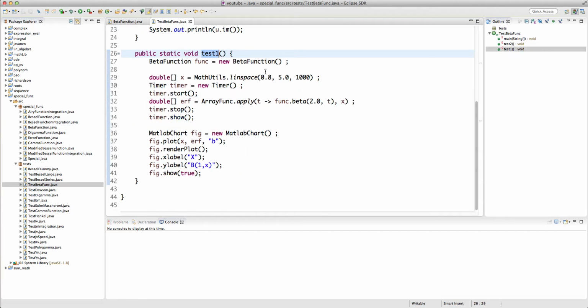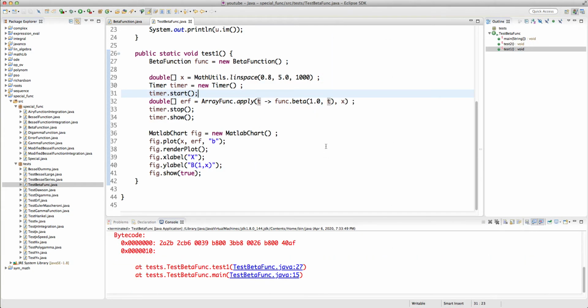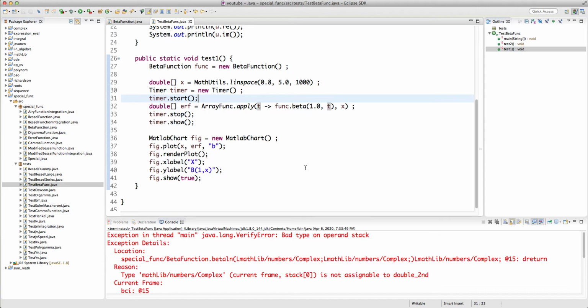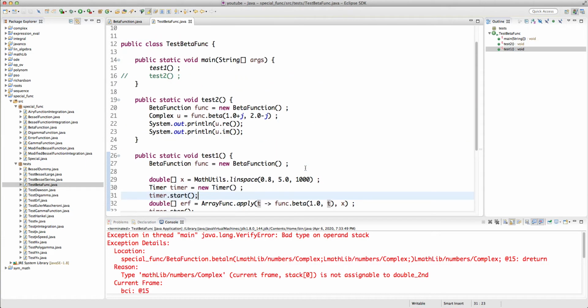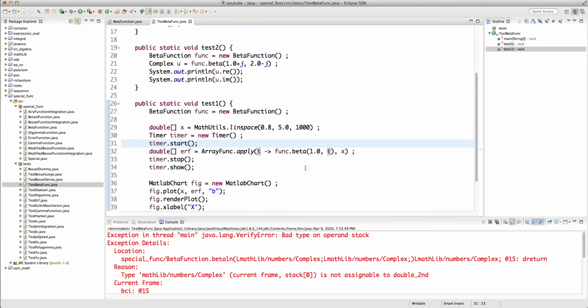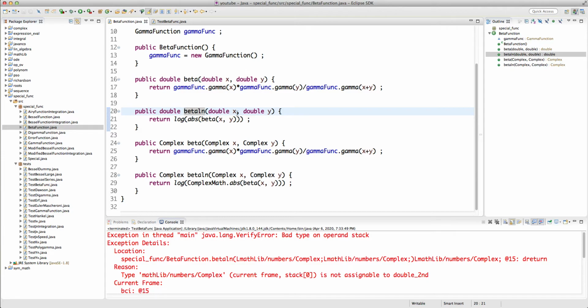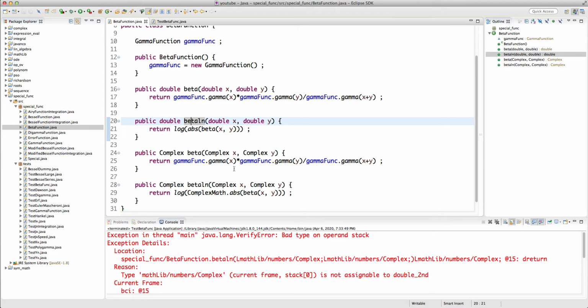All right. And I have also created a test beta function. In test 1, I'm plotting from 0.8 to 5. And I'm calculating, let's say, 1 over beta where x equals 1 and y is changing. So let's plot this. Okay, we are getting some errors. Why are we getting some errors? In the beta class, let's see.